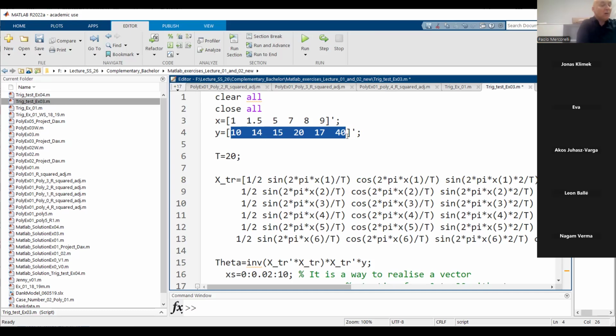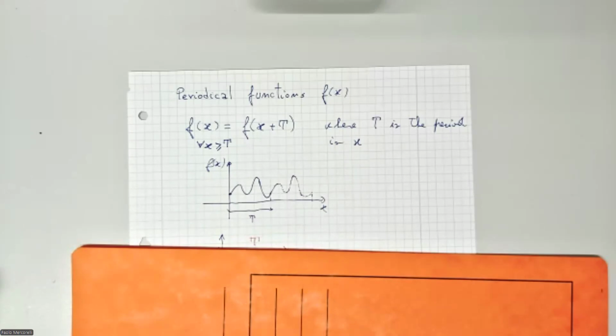Now we'll try to introduce the last difficult slide. What is a periodic function, or in our case, when the data are periodical? Probably you remember it from high school or from math.